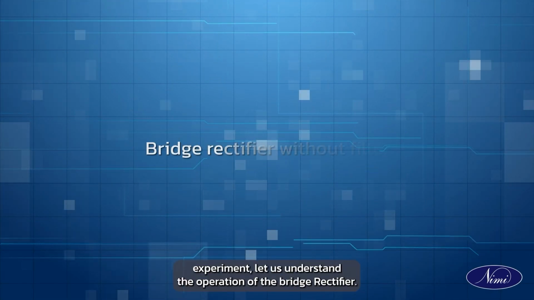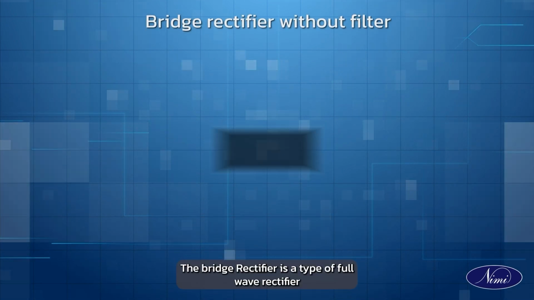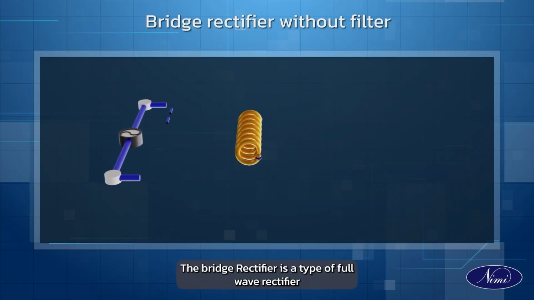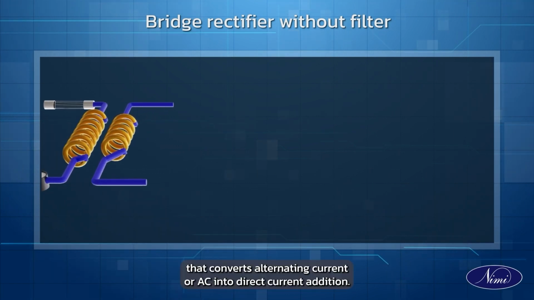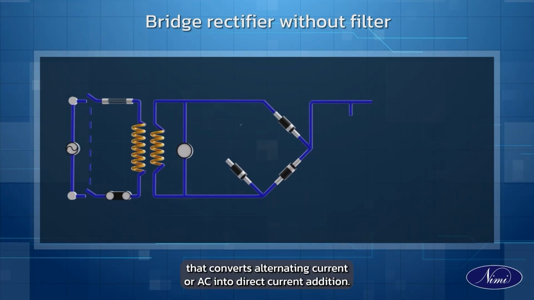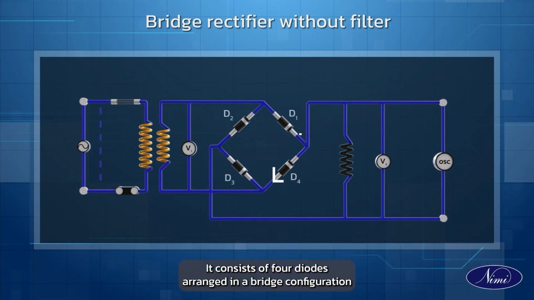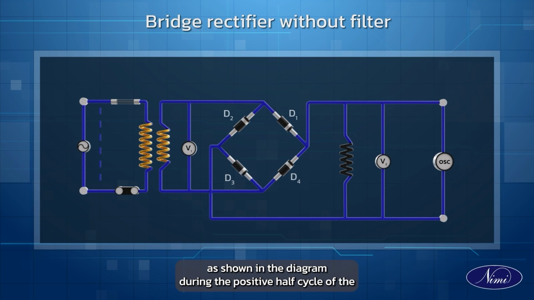Before going to the experiment, let us understand the operation of the bridge rectifier. The bridge rectifier is a type of full wave rectifier that converts alternating current or AC into direct current or DC. It consists of 4 diodes arranged in a bridge configuration as shown in the diagram.